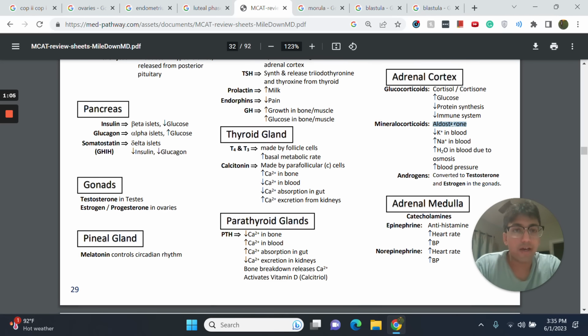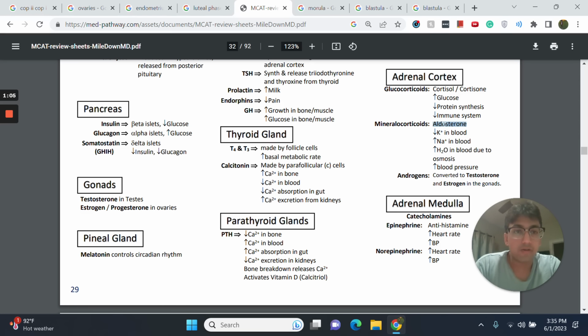Mineralocorticoids like aldosterone decrease the potassium in the blood, increase the sodium in the blood, increase the water in the blood due to osmosis, and increase the blood pressure. So basically, when you have less blood pressure, your renal artery is sensing that and telling the adrenal cortex to release aldosterone.